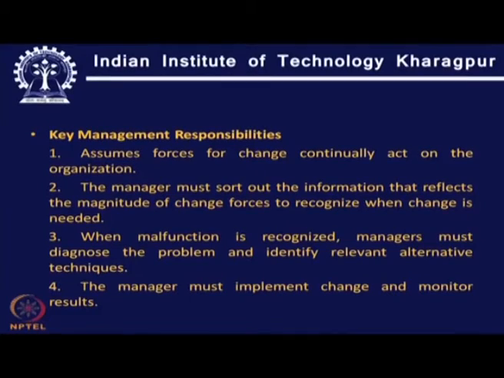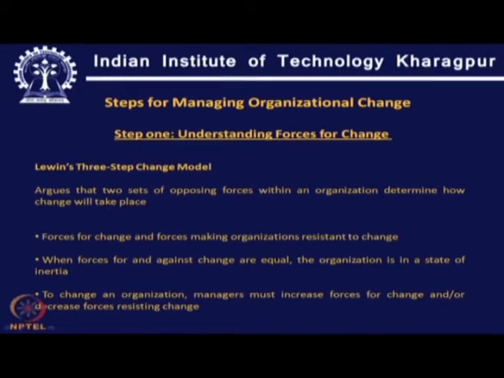Next, we look at the steps for managing organizational change, and there are 6 to 7 steps of managing organizational change. The first step for managing organizational change is understanding the forces of change. And here what we understand is that in Lewin's 3-step change model, there are two oppositely acting forces within an organization.